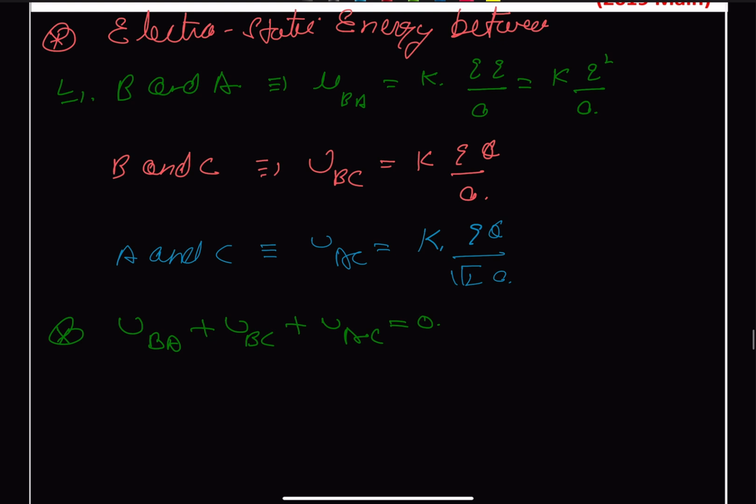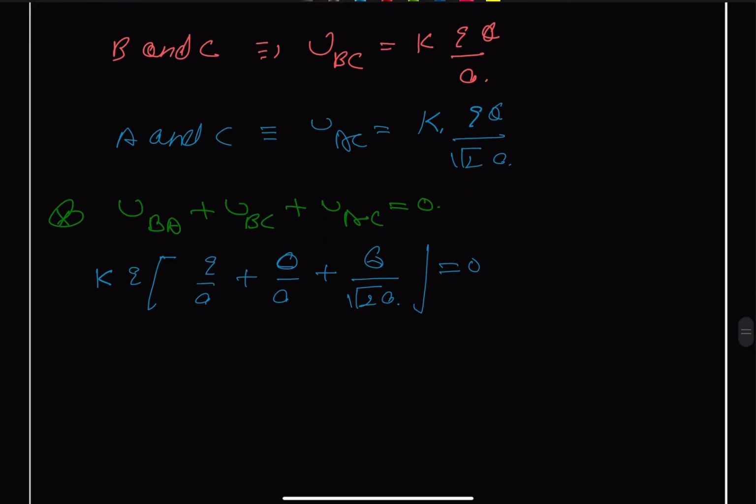K will be our constant part, and KQ we can take common. So in the first we get Q upon A, plus second we get capital Q upon A, plus we get this as capital Q upon square root of 2A is equal to 0.